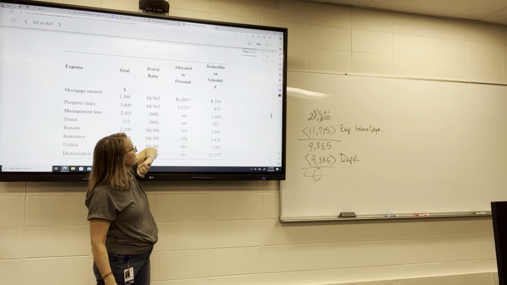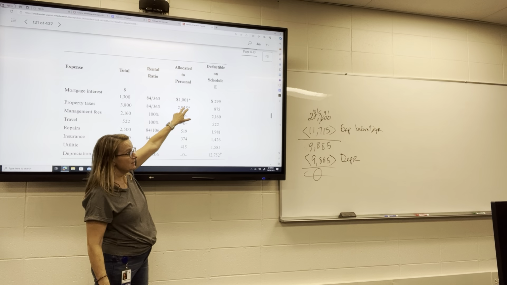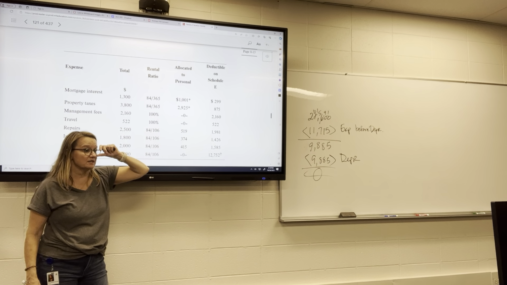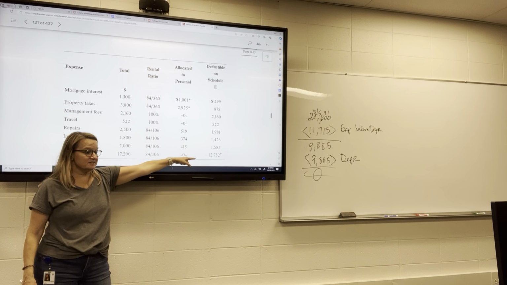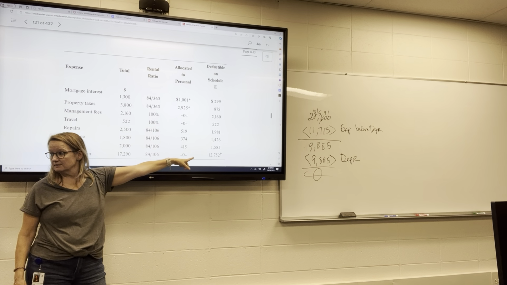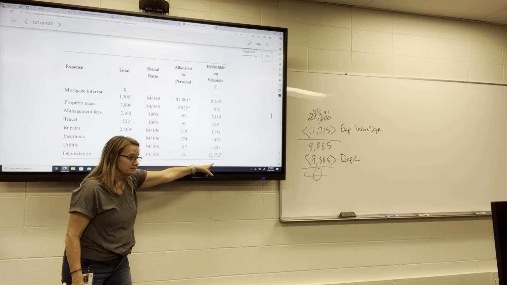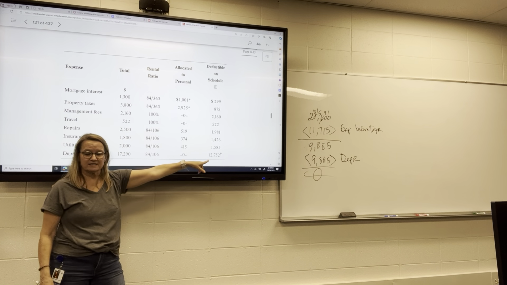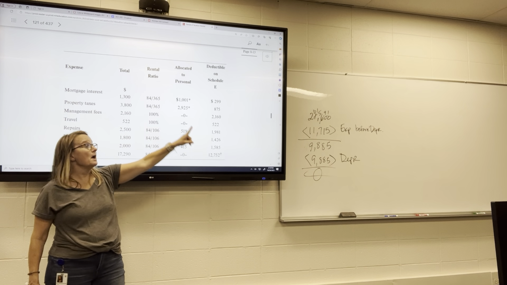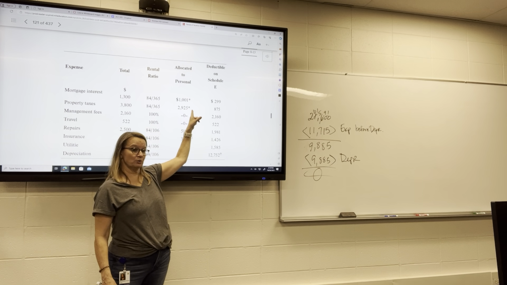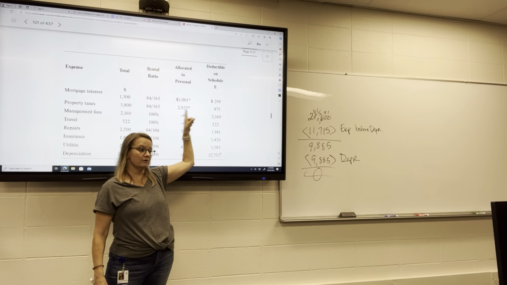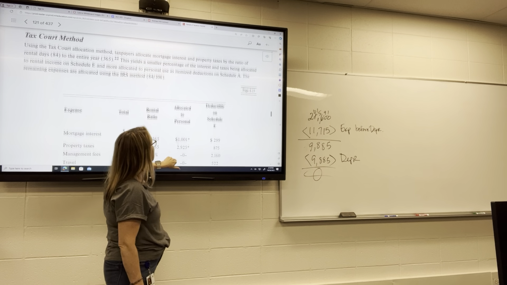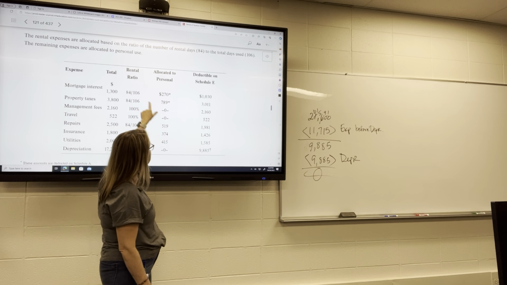Actually, this is probably going to end up a better deal for them if they itemize their deductions on Schedule A. They're going to save more money using this method because they're still going to end up at 0, right? They're going to have no taxable income from this rental, but they have more deduction on their Schedule A because now more of those were passed over to the Schedule A. So up here, you can see their total deduction.